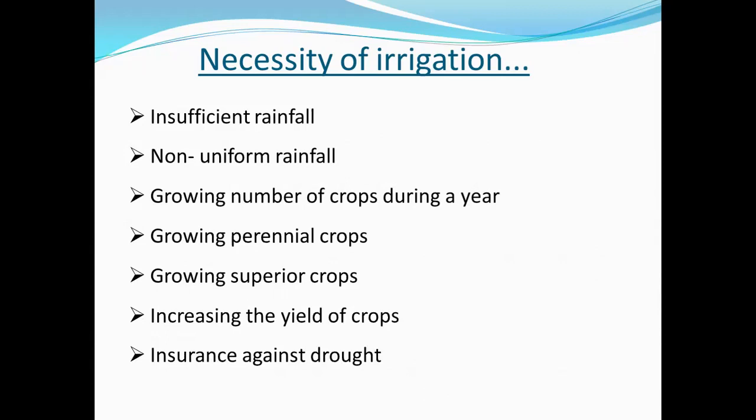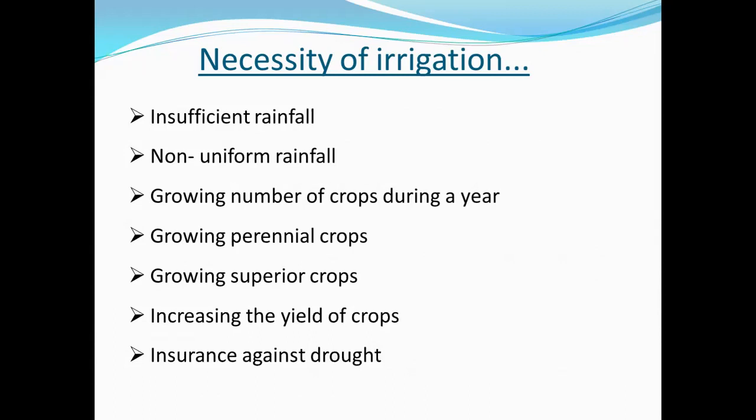And the last necessity is insurance against drought. The crop in a region may not require irrigation during a normal rainfall year, but in case of drought, it may be necessary. Irrigation is necessary to provide insurance of crops against drought and famine. If there is no rainfall or no water available from the canal, crops may fail, and because of the crop failure, there are many losses for farmers, right?